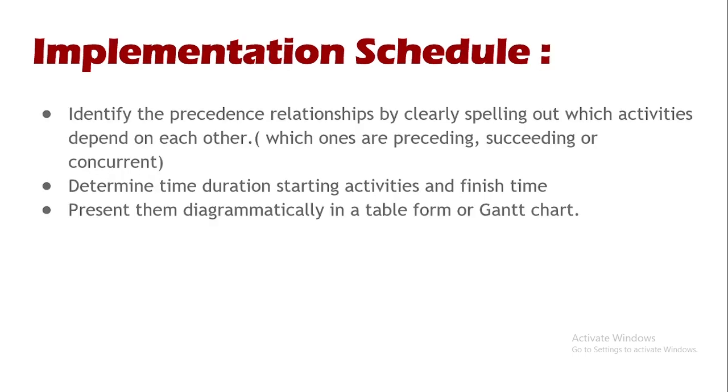So the implementation schedule helps us to identify the precedence relationships by clearly spelling out which activities depend on each other, which ones are preceding, succeeding, or concurrent. It determines the time duration, stating activities and the finish time. You can also present them diagrammatically in a table format or a Gantt chart.